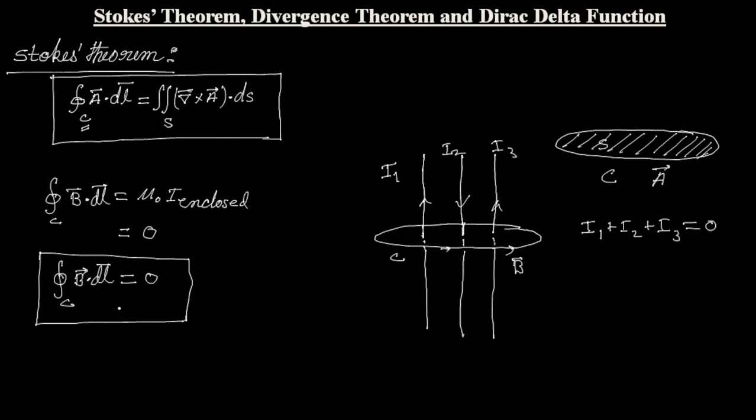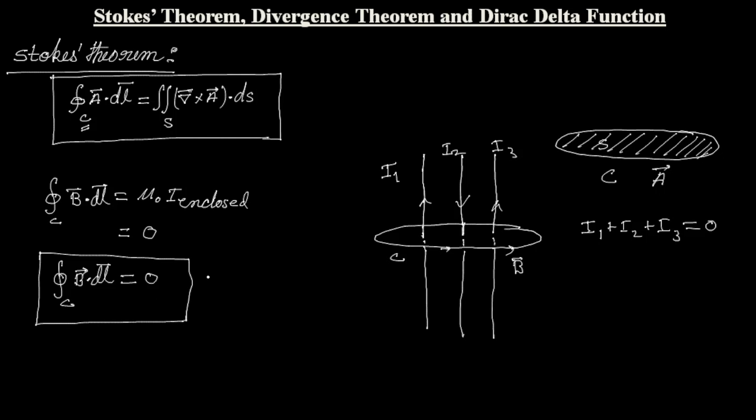But the main thing that we will not get from this line integral is that this magnetic field is generated because of some current distribution. If we want to see how this current is distributed inside this loop, and how this magnetic field is actually generated because of that, what do we have to do?